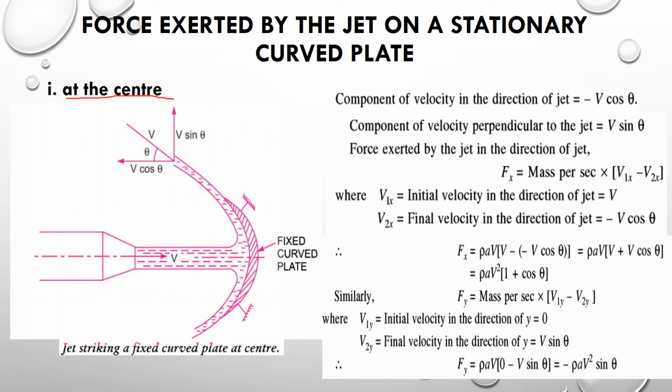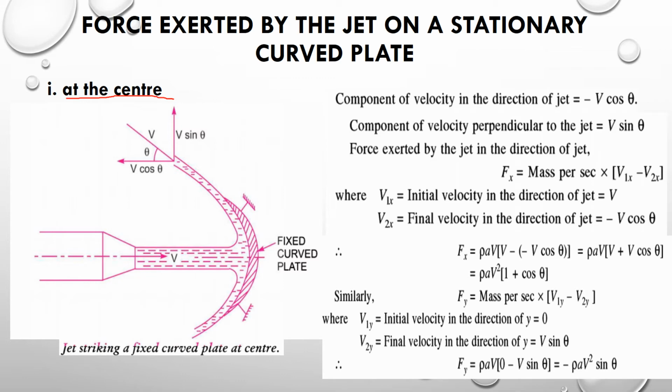So in all this derivation, you should understand that we are assuming the plates to be smooth, so that there is no loss due to the impact. Losses are negligible.